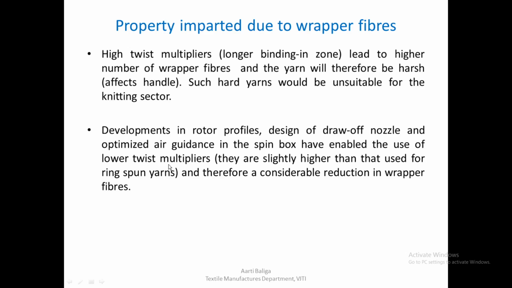And when we make yarns with low twist multipliers, we can be a little bit safer in terms of reduced number of wrapper fibers, which will tend to reduce the harshness in the yarn.